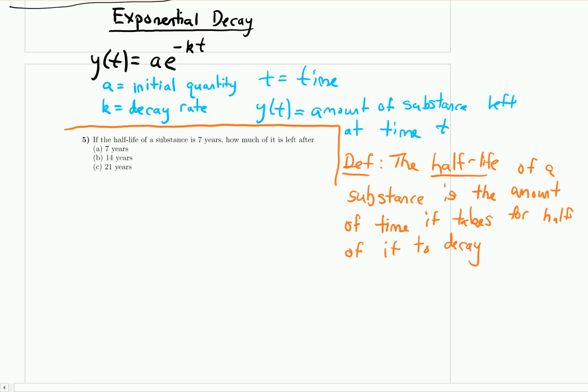Different radioactive substances have different half-lives. Some of them decay very quickly, some of them decay very slowly.